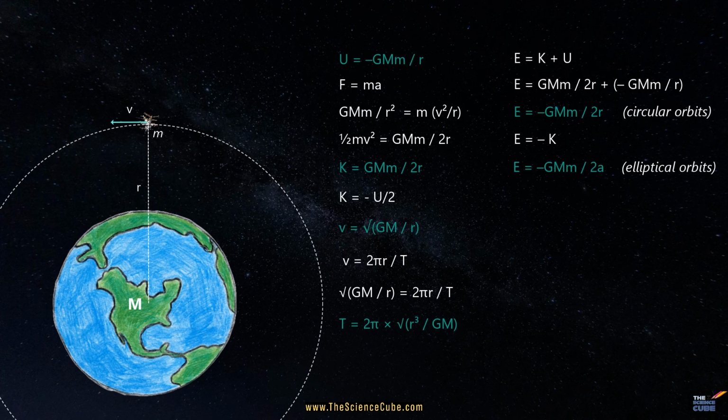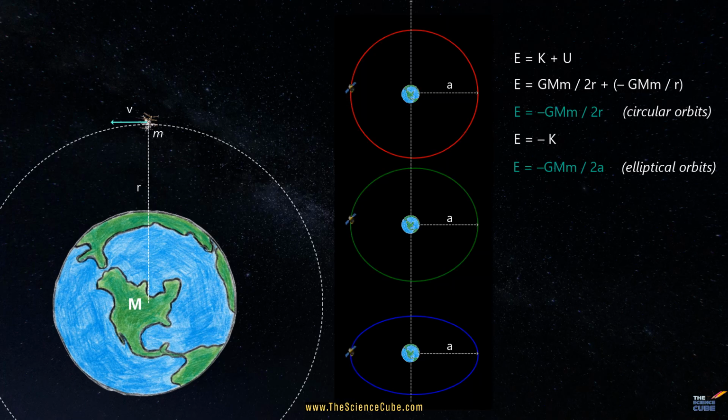Another thing to observe is that the total energy of a satellite depends only on the semi-major axis of its orbit and has nothing to do with its eccentricity e. So if you take 3 orbits with the same value of semi-major axis, then a given satellite would have the same total mechanical energy E in each of the 3 orbits.